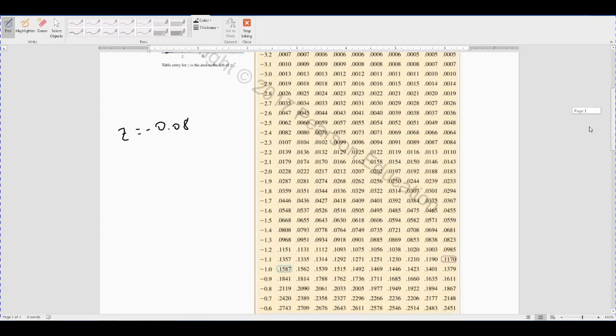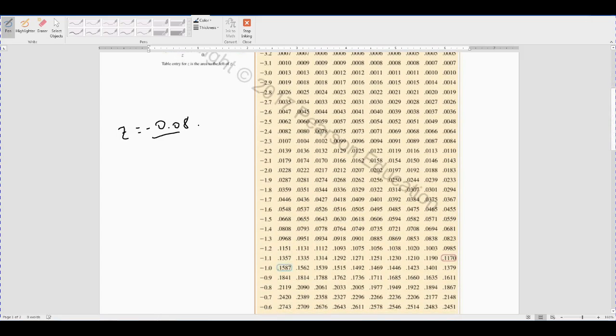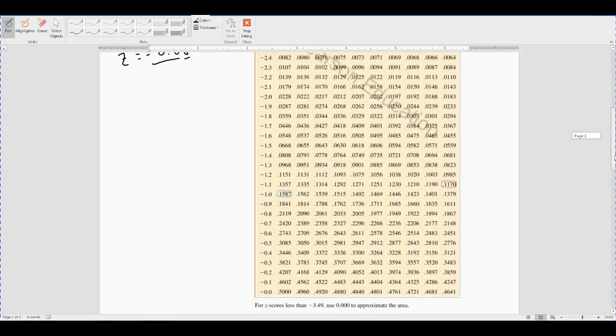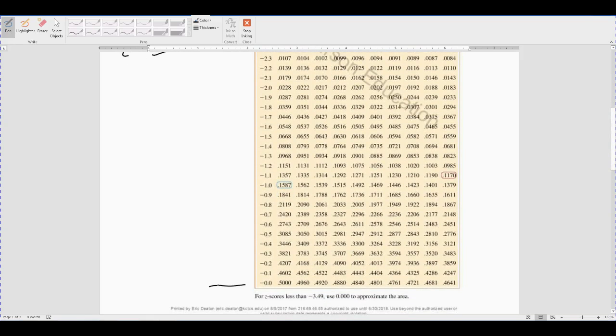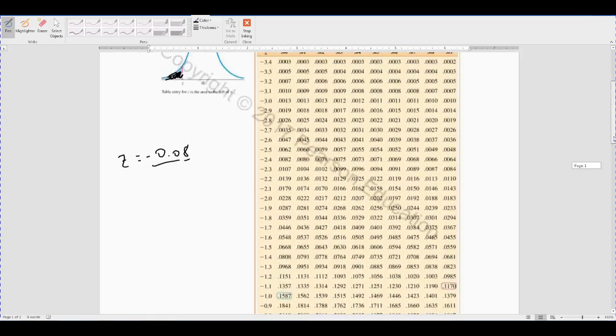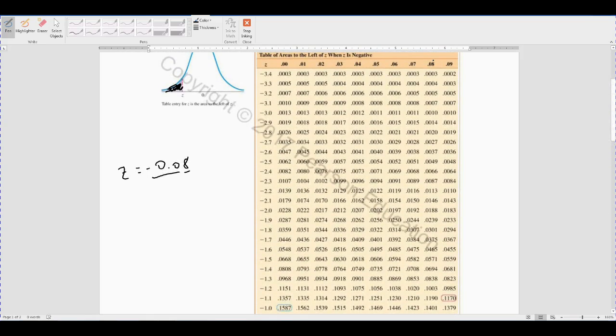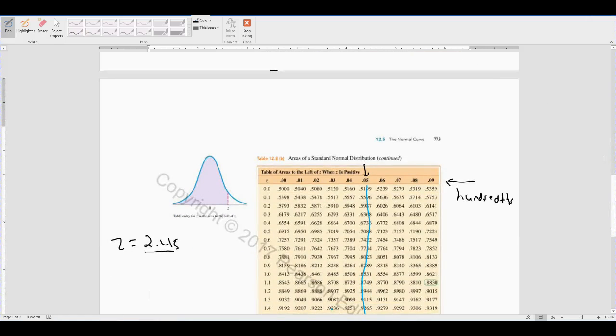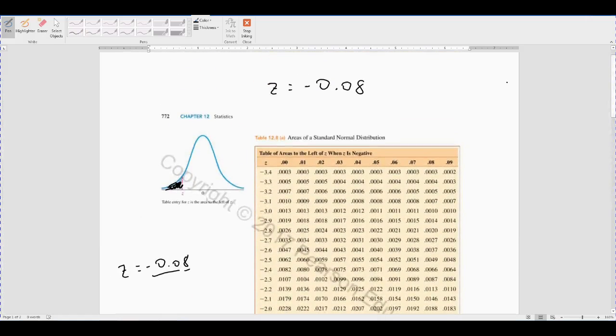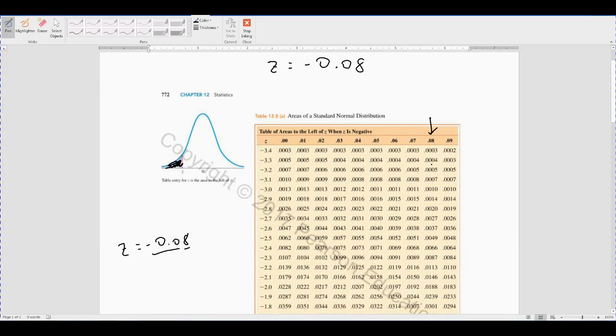So for negative 0.0, we find these first and then find that. Negative 0.0 is there. And then we're looking for the 8 on top, which is here. I'm having issues with this table. It's there. So what I want to do is go all the way down, if it will let me.